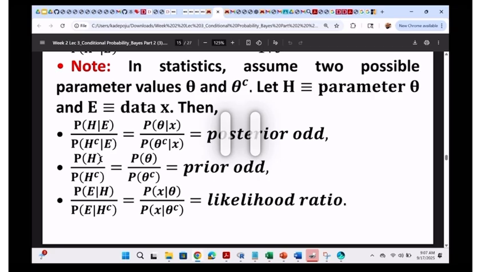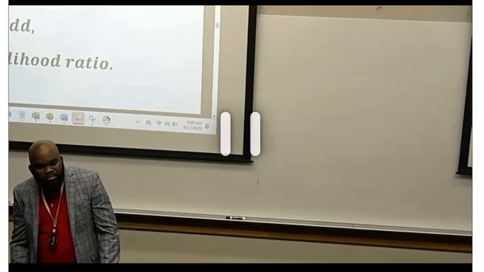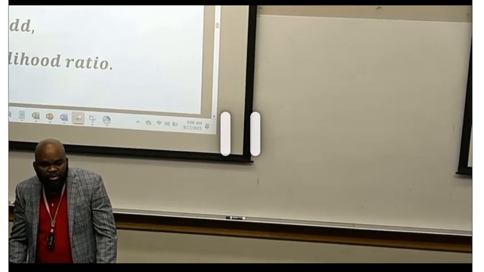There is nothing like X, nothing like data. The prior probability means the probability of the state of nature before you collect data, before seeing evidence at all. Somebody was accused of wrongdoing.